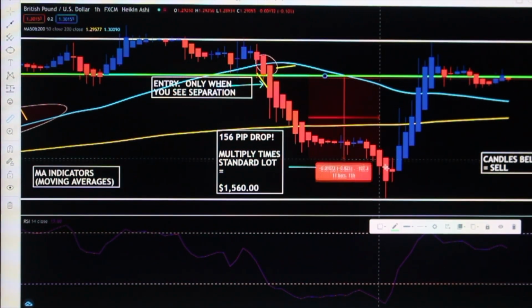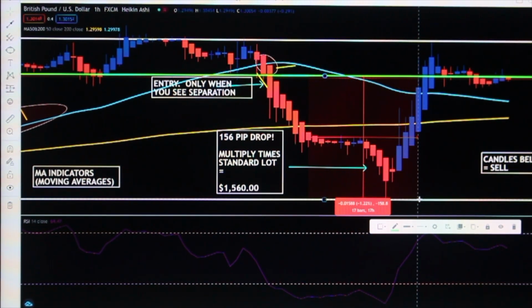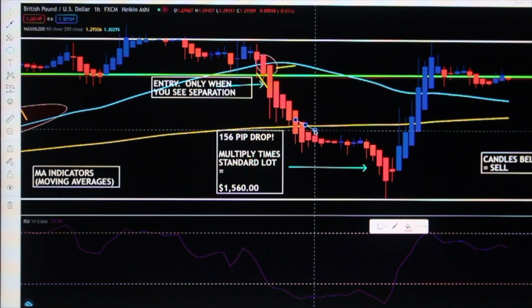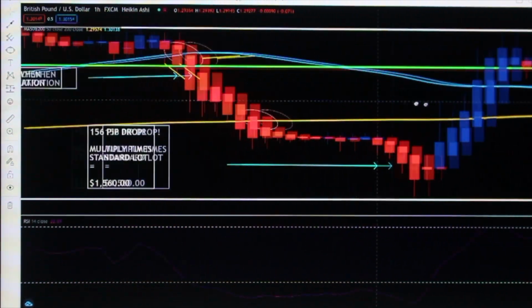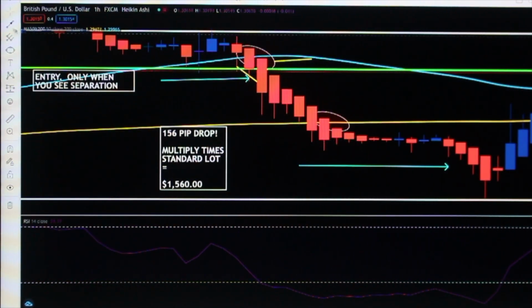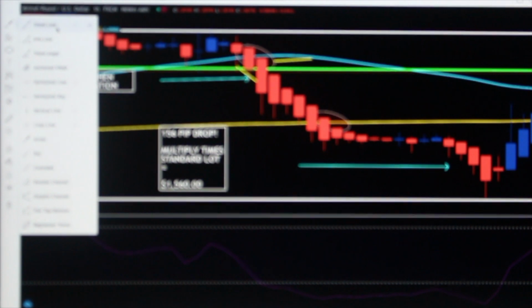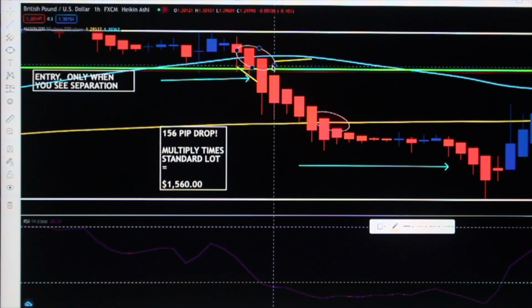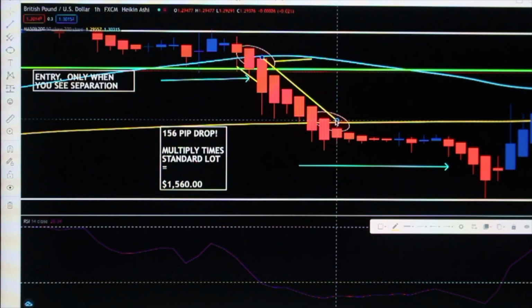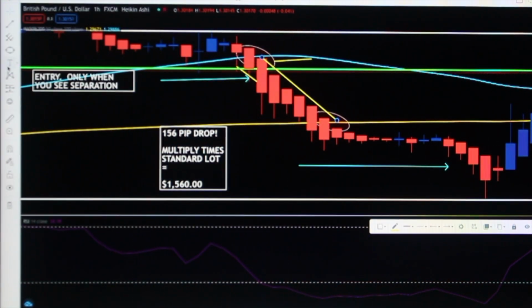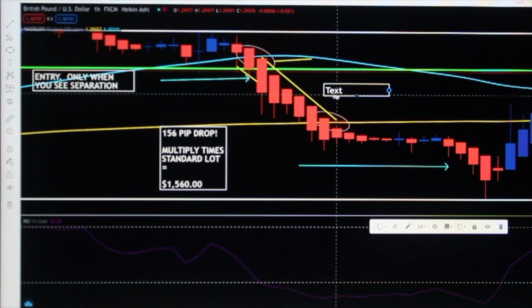I repeat, if they cross the same colors, this is your definitive hold. When the closer one, the blue 50 moving average, crosses the line, that's your alert that this is going down. But as soon as the yellow crosses that same color line, you hold that. There's no question. You hold that until it goes down and changes the colors, because this is your definitive hold.